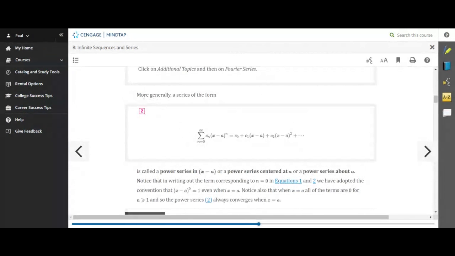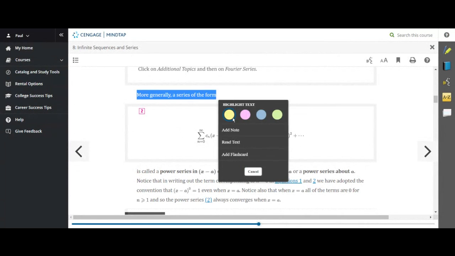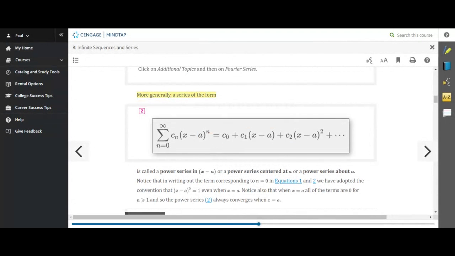Oh, by the way, just another comment here. If you want to be very general in terms of what a power series is, instead of x to the nth power, you have the series n equals 0 to infinity with coefficient c sub n, and then you have x minus a to the nth power.